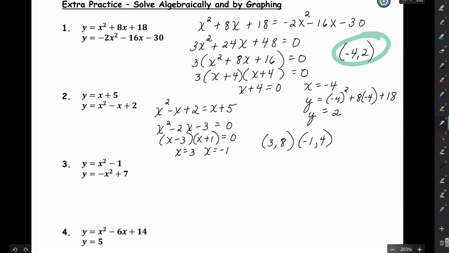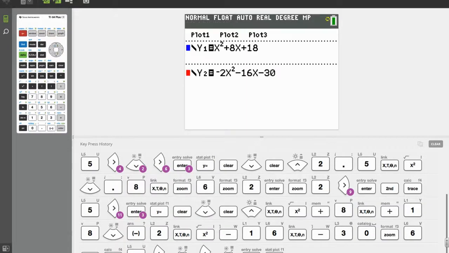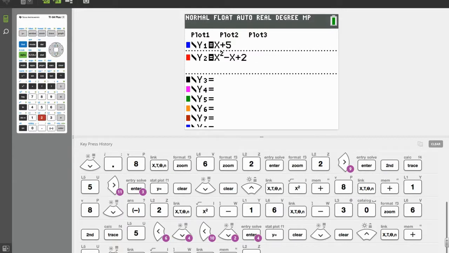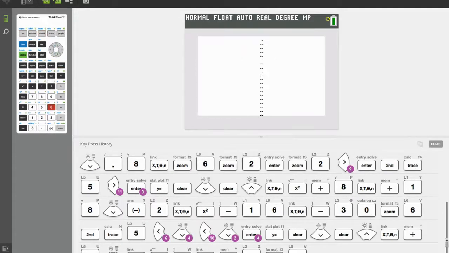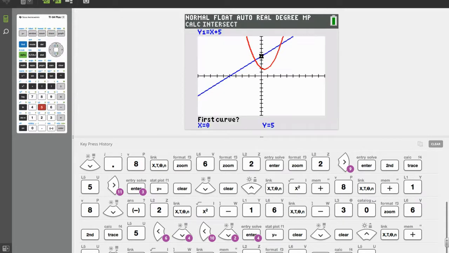All right, we'll check those in the calculator. Go to y equals. We're going to clear both of these out. Zoom 6 for a standard window. Second trace number 5. Move near the first intersection, hit enter, enter, enter. We get (-1, 4).